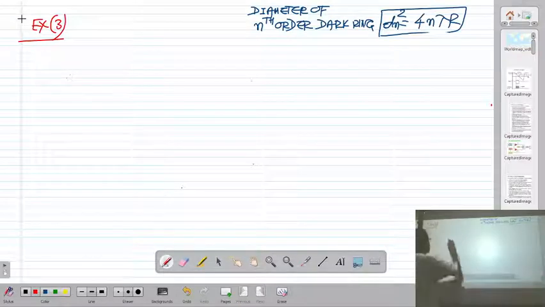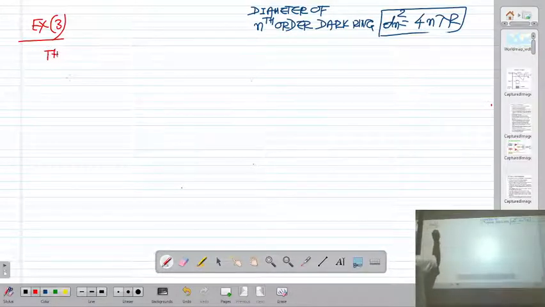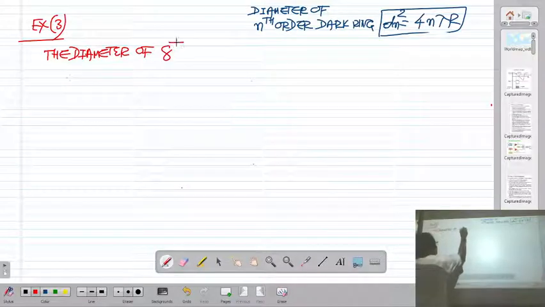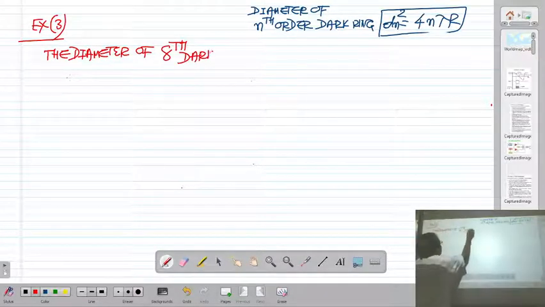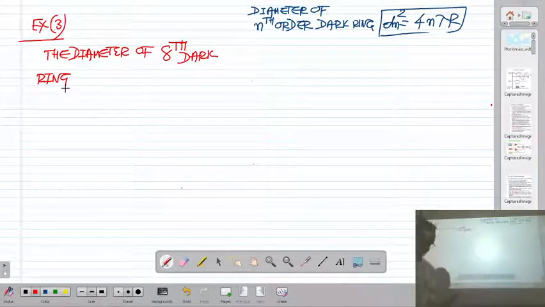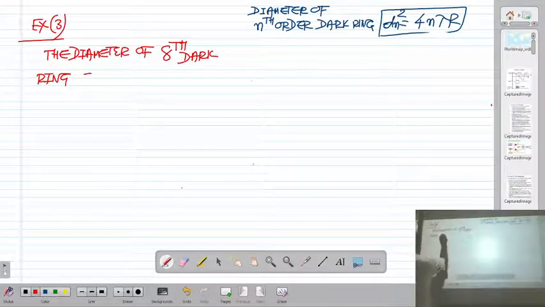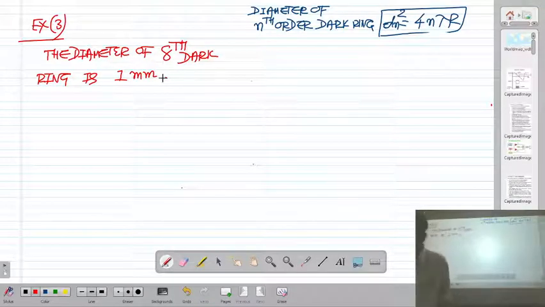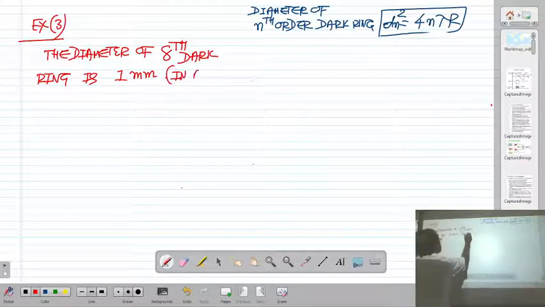The diameter of each dark ring is 1 mm. This is the diameter of a dark ring in air.